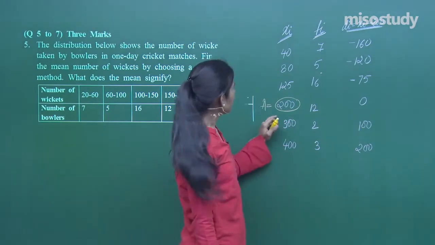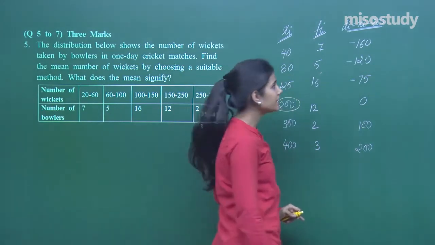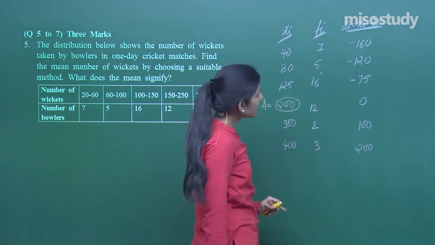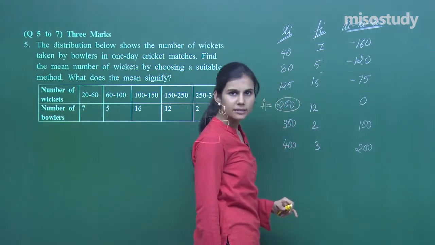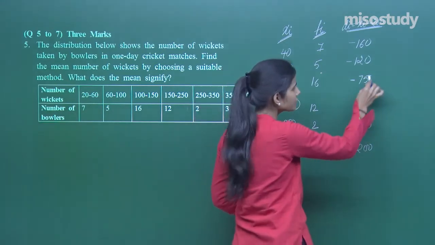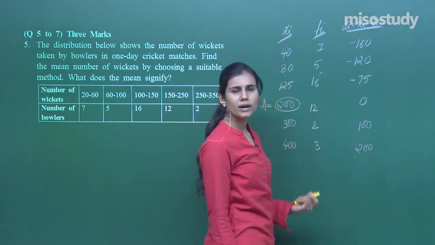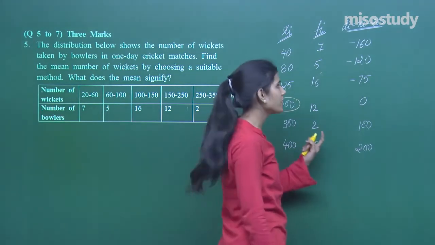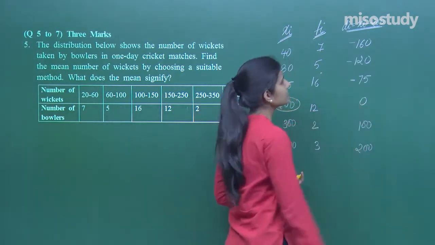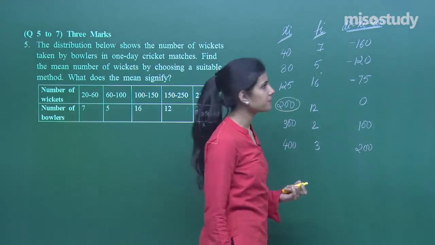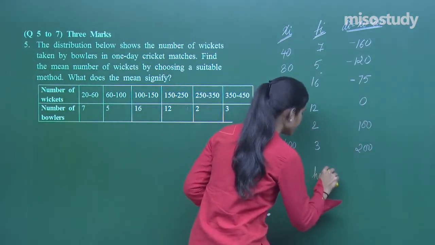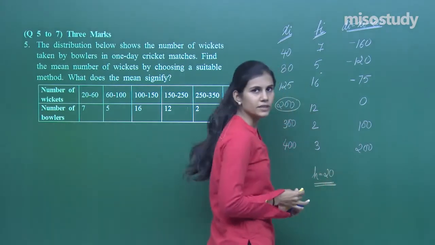Okay? Once you have got these di's, you can clearly identify all the di's will be divisible by 10 as well as 20, right? Only 75 is going to create a trouble, but it's fine. One number creating a trouble is not a problem. We can work with decimals also for one number, but the rest everything you can see is divisible by 20 easily. So we declare h to be 20 and move towards step deviation.